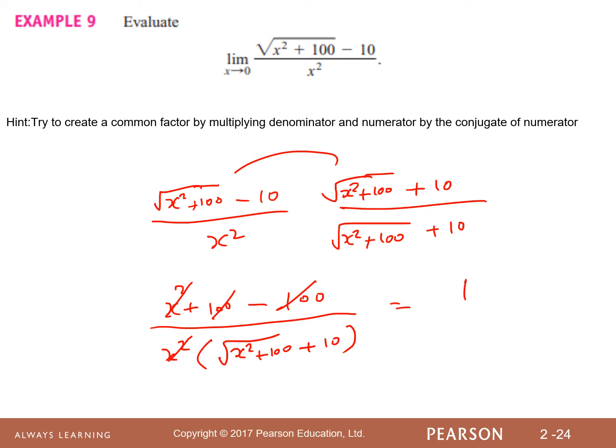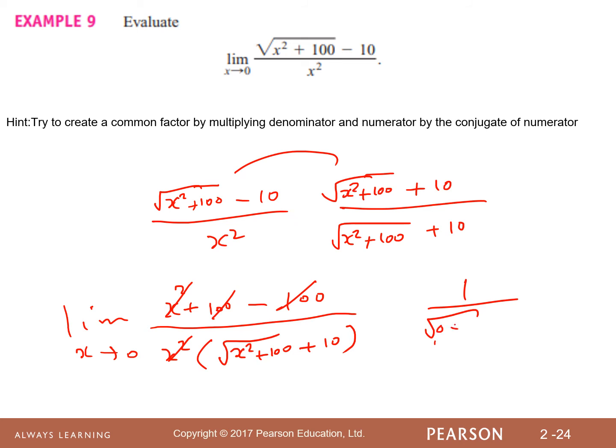So I'll have 1 divided by, we want the limit as x goes to 0. So the limit as x goes to 0 of this, we have 1, and then in the bottom we'll have what?